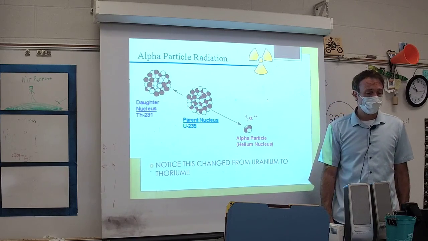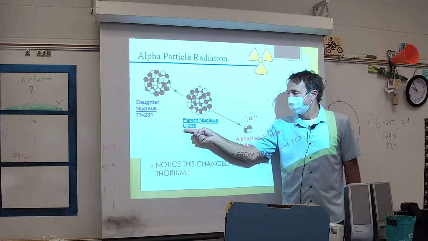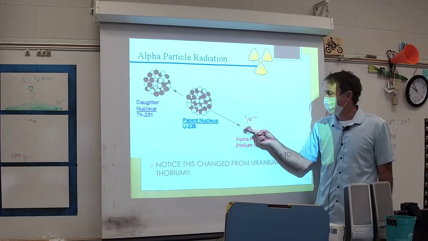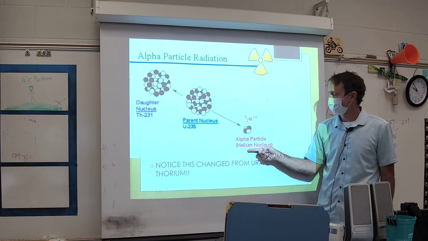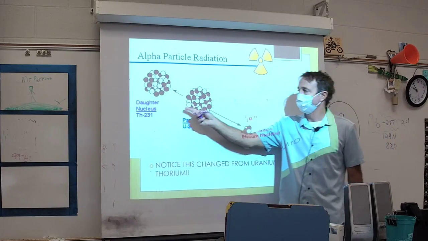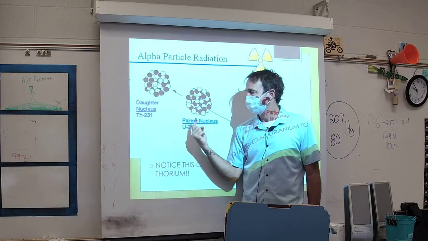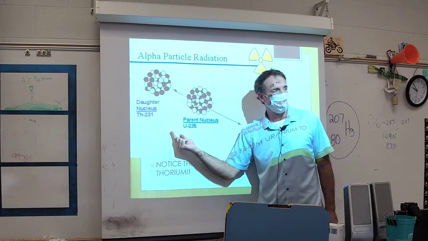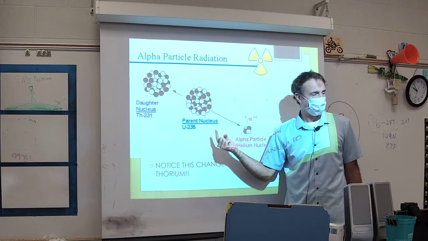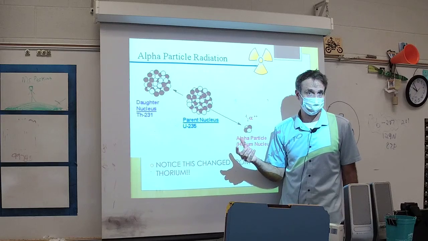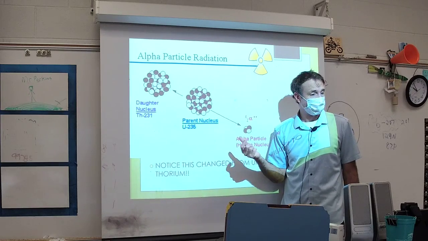The uranium-235, if it gave off an alpha particle, it would end up being thorium-231. This is what happens when we use uranium-235 for nuclear purposes. Does that make sense?